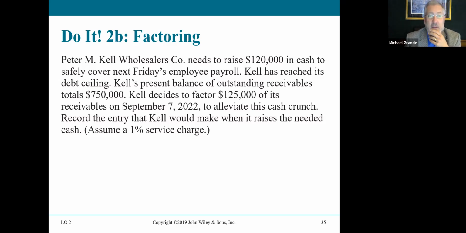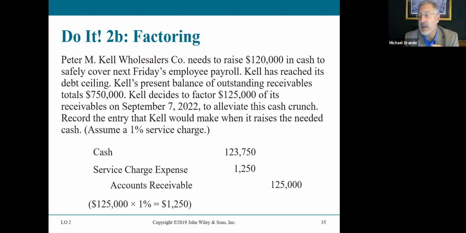Record the entry that Kell would make when it raises the needed cash. So they're getting rid of some of their receivables, hence the credit to accounts receivable, to raise cash. They can't wait 15 days. They can't wait 30 days. They need the money right now. They receive cash of $123,750 after paying a service fee of only 1%.